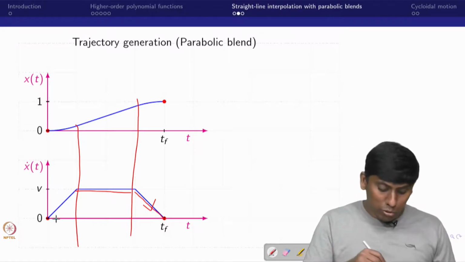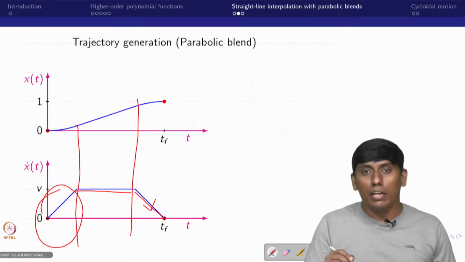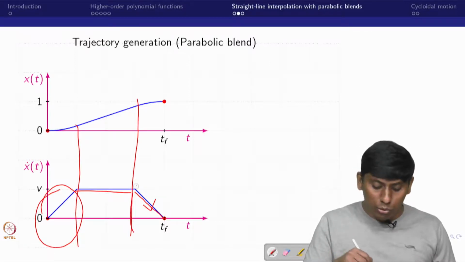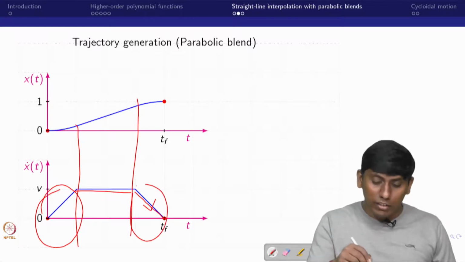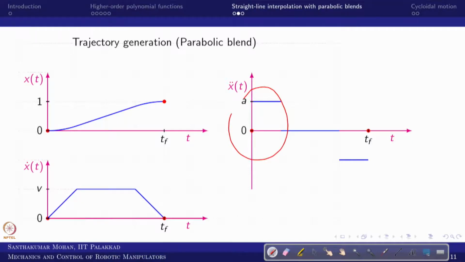In that sense, you will see the acceleration going up and down, and then you can see here also up and down. The acceleration reaches a certain point here, then you can see zero acceleration during this phase, then again a finite deceleration. So this is one simple step where the parabolic blend can come.